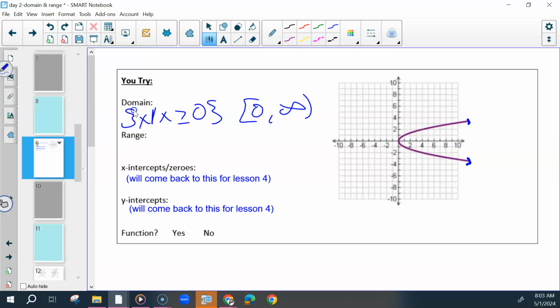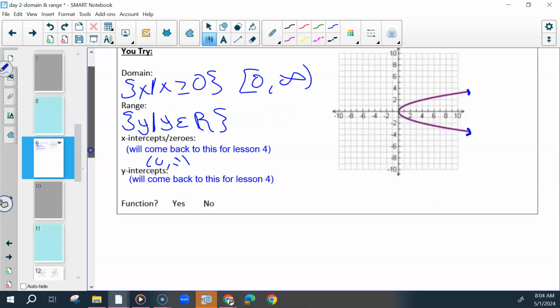What about the range? It is all real numbers, because this keeps going down and up, so it goes to negative infinity and positive infinity. X-intercepts? Y-intercept? Is this a function? No.